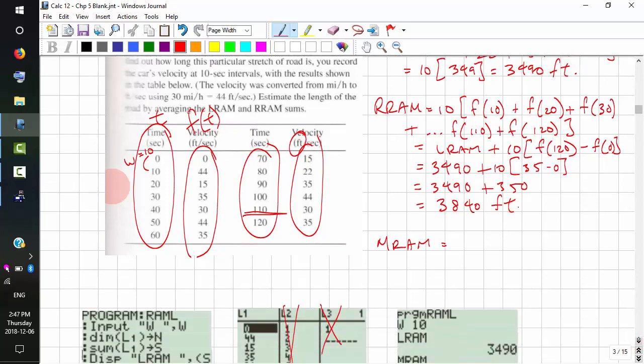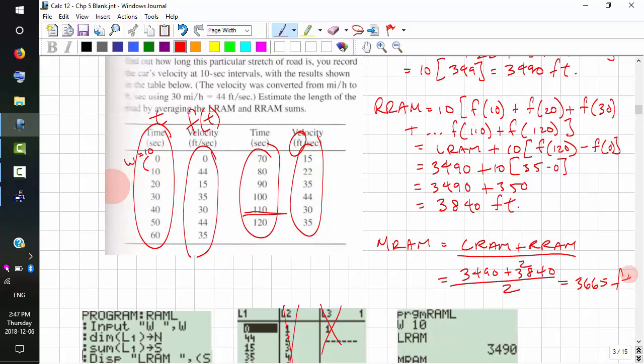Again, MRAM would have to average these two, but MRAM is just the same as LRAM plus RRAM divided by 2. So we have 3490 plus 3840 all divided by 2, and we get 3665 feet.